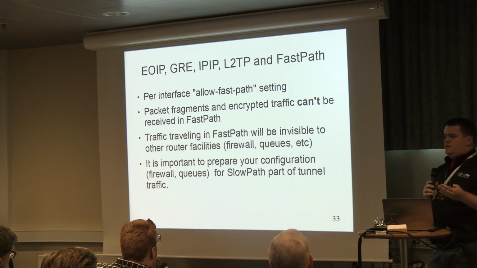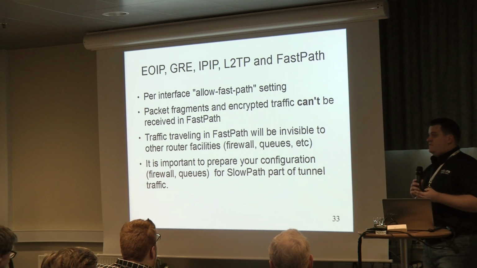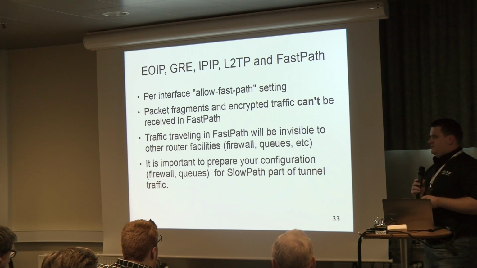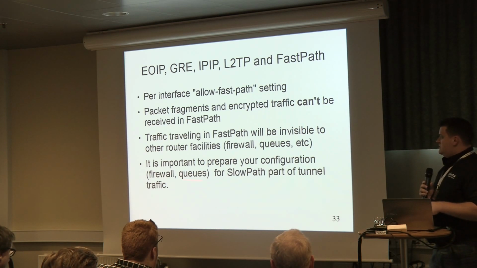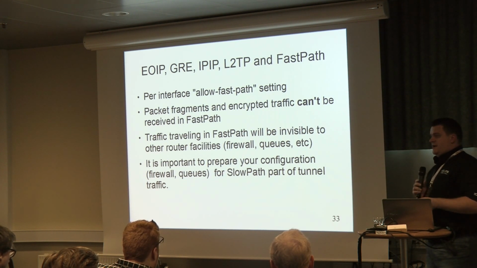For example, if you have a drop-everything-else strategy in the firewall and you don't account for tunnel traffic that might drop down to the slow path, you will have very strange performance. You always need to prepare your firewall and queues for the possibility that tunnel traffic goes to the slow path, because some packets need to go there to fix the counters and such things.